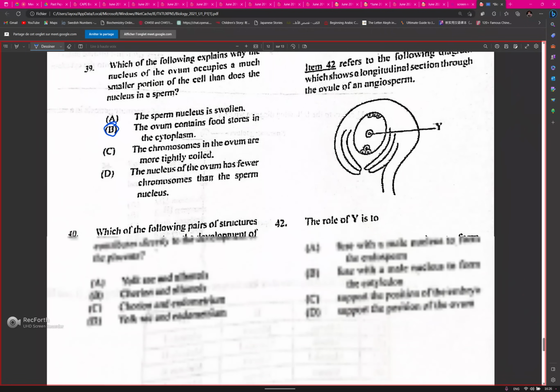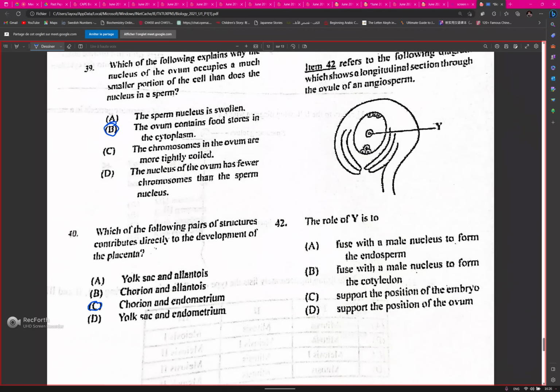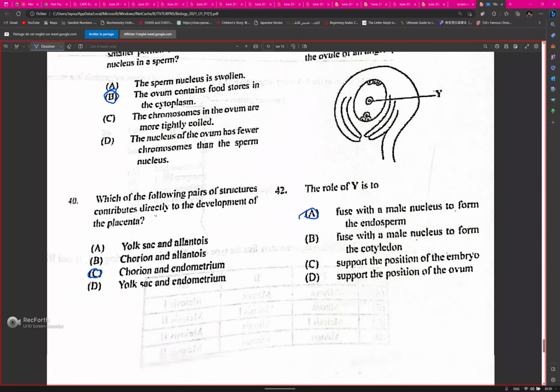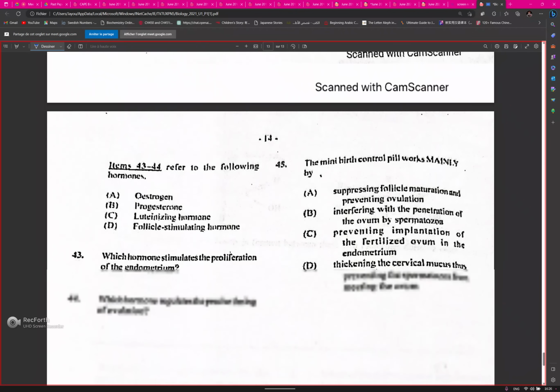D, sir. Is this repeated? Yes, it is. Yes, sir. All right. So, what is the role of Y? A. A, sir. Beautiful. Here now, I am not even going to ask questions because we know the answers to these.